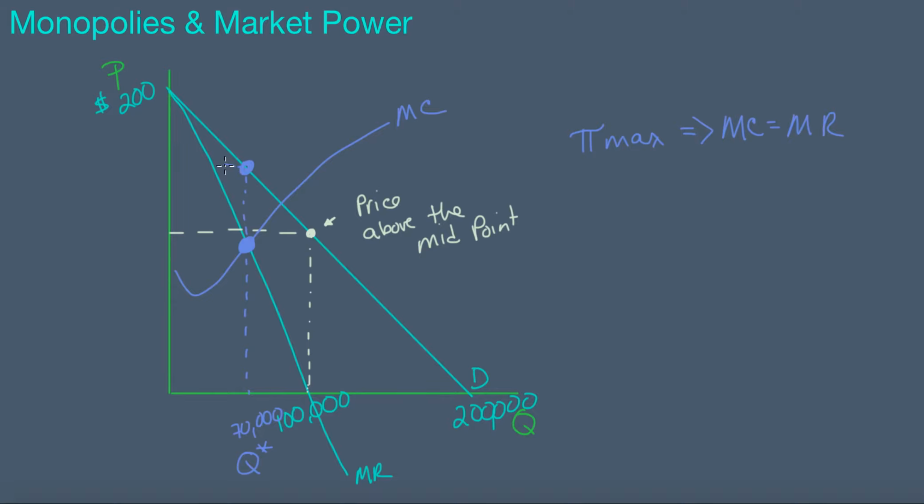So in this example, this is the profit max P star, and we'll say that it's equal to $175. Okay. So now if we're looking at this, are some people willing to pay more than $175? Absolutely.